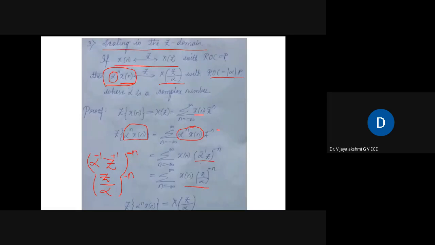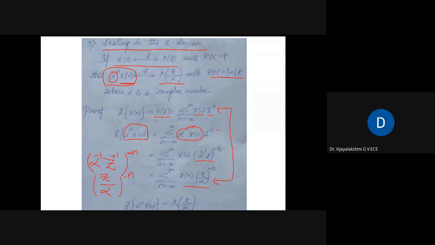Now as per the definition of the Z transform, you compare this equation with the definition of the Z transform, that is this equation. The summation of x of n into z power minus n can be written as X of z.